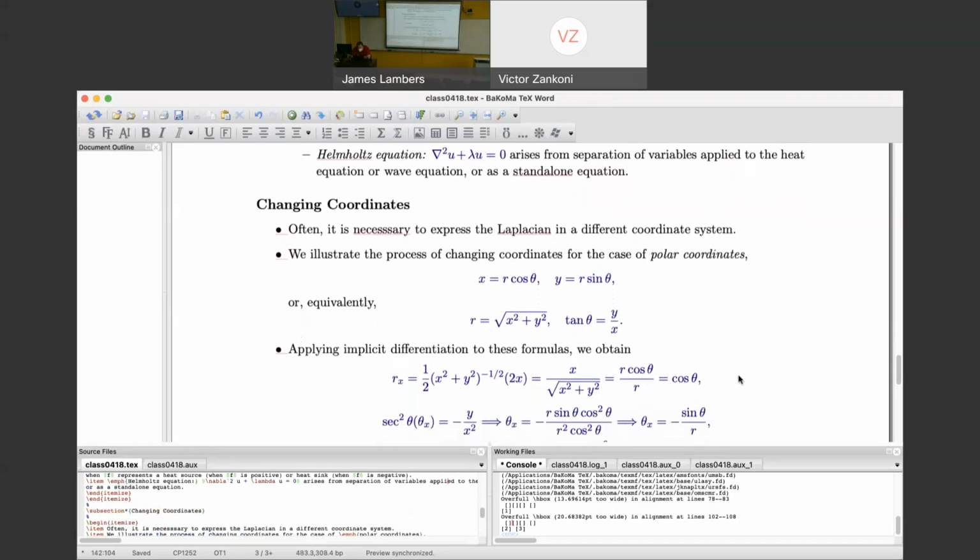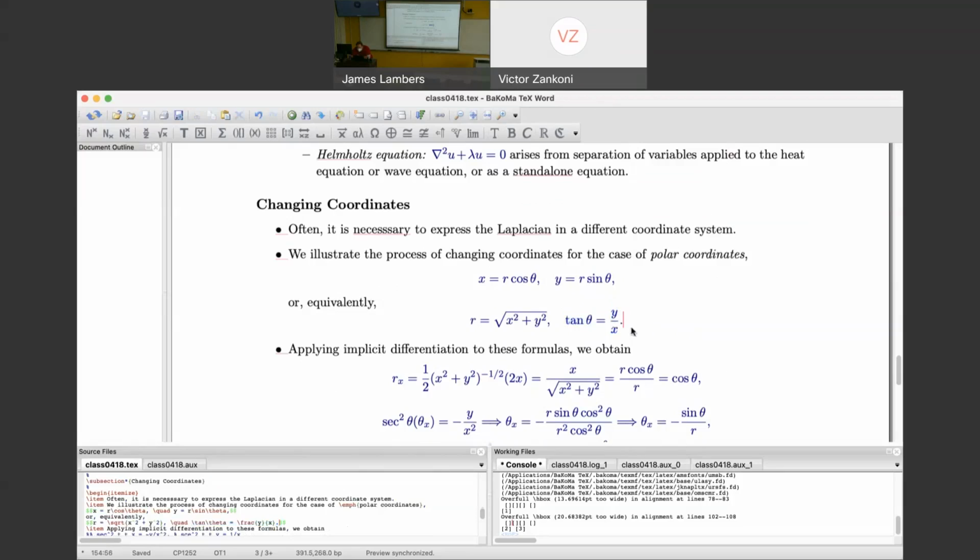Now, to get the derivative of theta with respect to x, I'm using implicit differentiation, because theta is implicitly defined by this equation right here. If I take the derivatives of both sides with respect to x, by chain rule I get secant squared theta d theta dx.